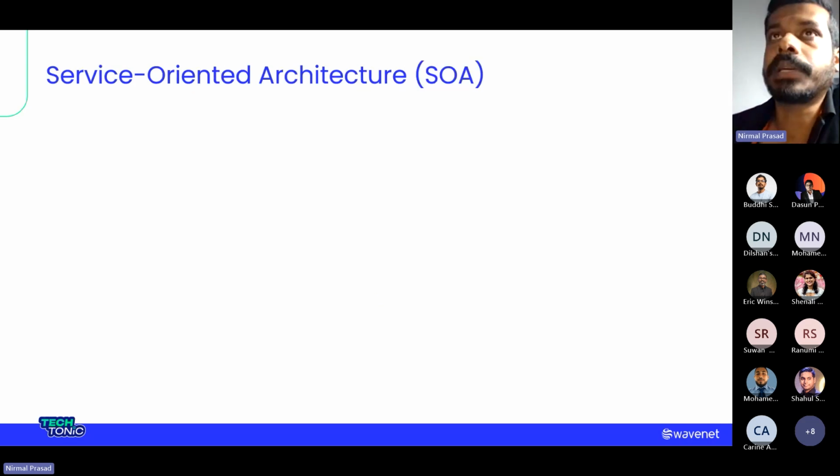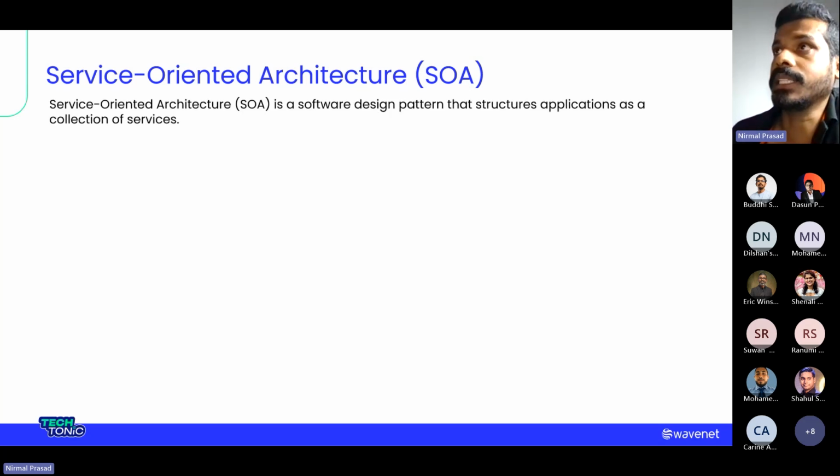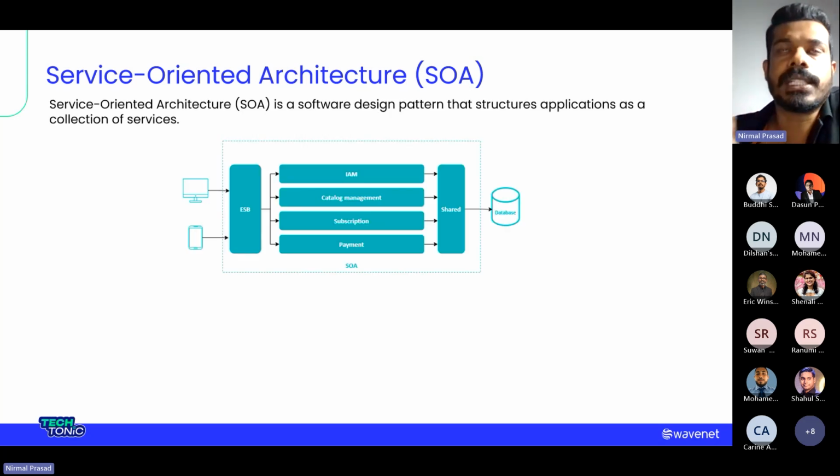The next architecture pattern is service-oriented architecture. Service-oriented architecture means the application is a collection of services. In the previous slide you could see technical layers like front end, back end, and persistence layer. But in service-oriented architecture, each layer represents and is responsible for a particular service.